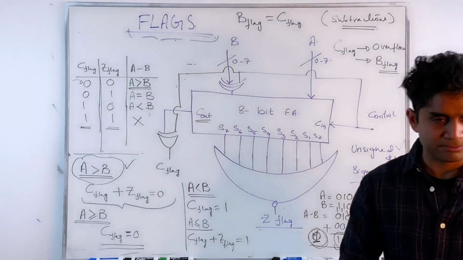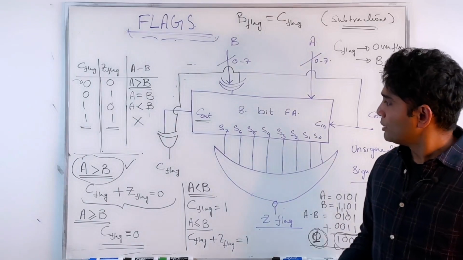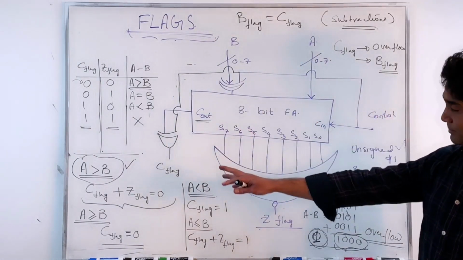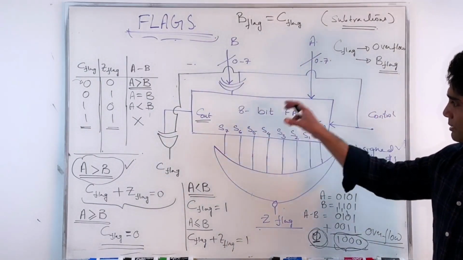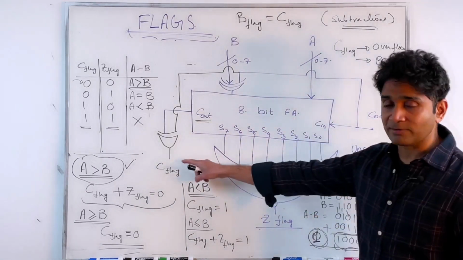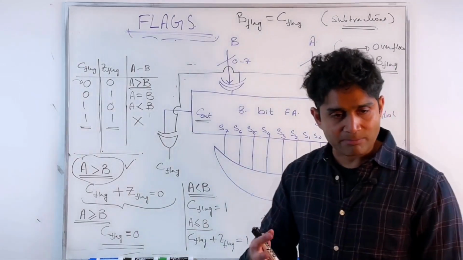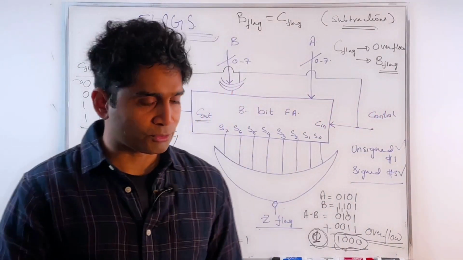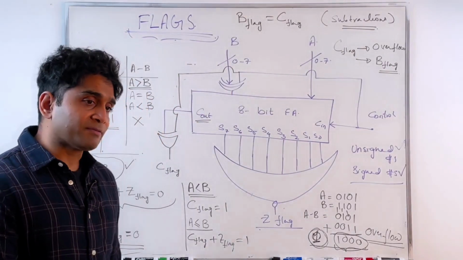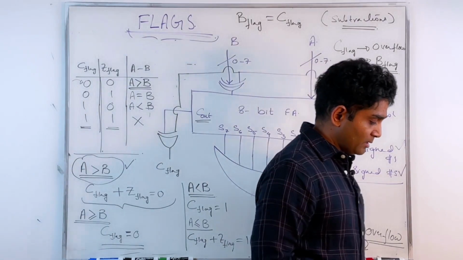Does that make sense? Again, remember that you will be simulating this entire circuit, an 8-bit full adder, along with the various flags, and you'll be passing different 8-bit numbers through it, checking to see if your circuit is performing the right way.